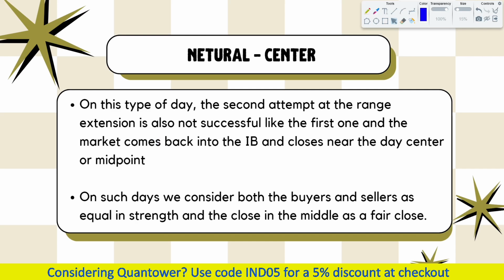Okay, that is the midpoint or POC. If the closing is near the midpoint or POC, then that is considered a neutral center. And in this neutral center, the most important point is that it denotes buyers and sellers are balanced. That means they have equal strength. So the closing is at a fair price.